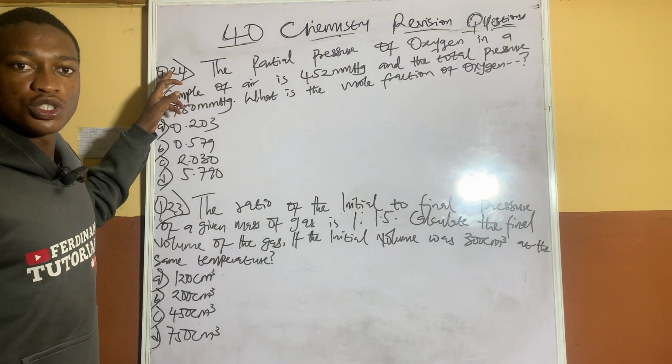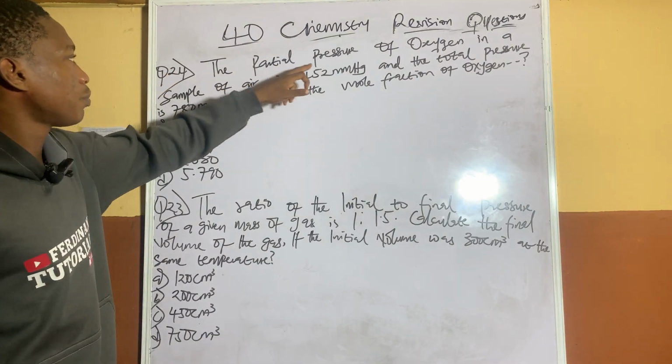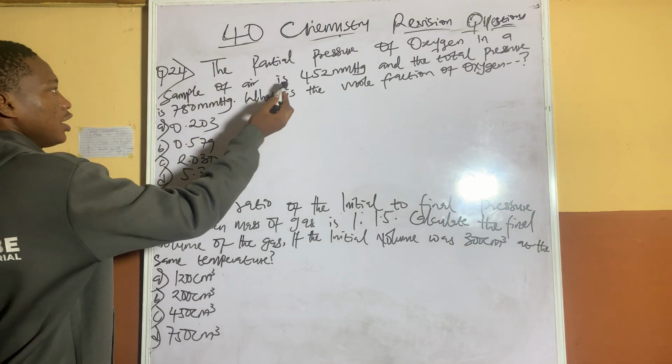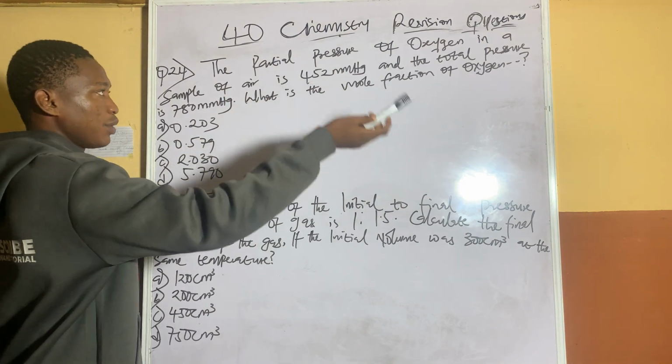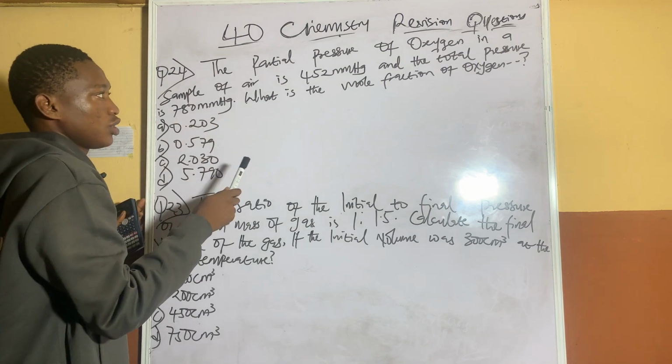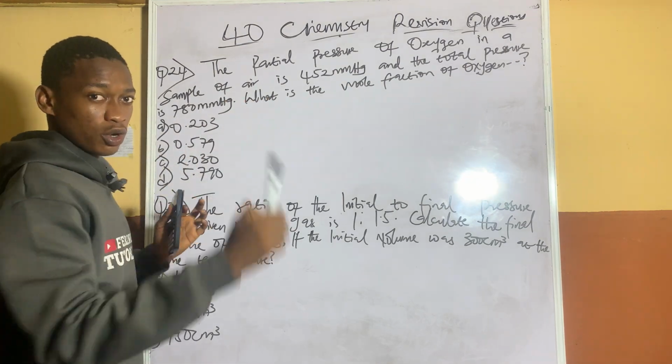To question 24, it says the partial pressure of oxygen in a sample of air is 452 millimeter mercury and the total pressure is 780 millimeter mercury. What is the mole fraction of oxygen?